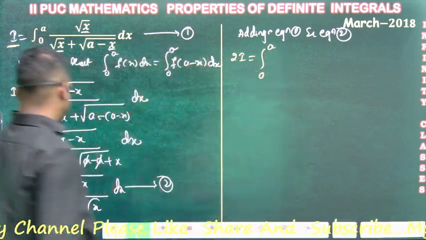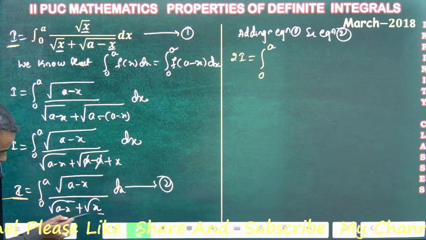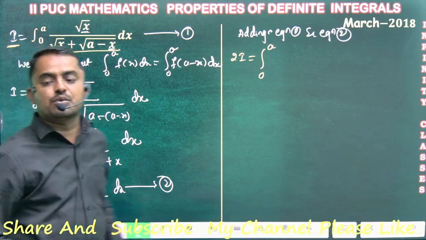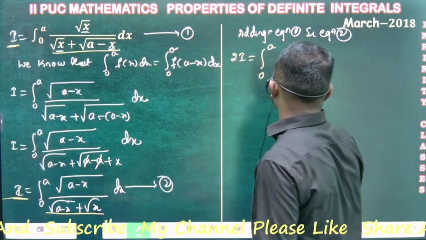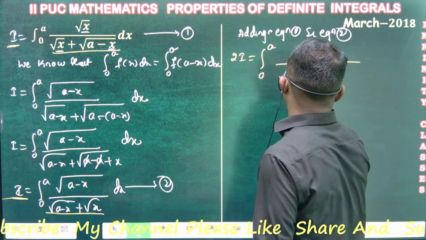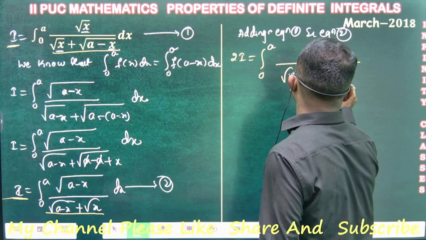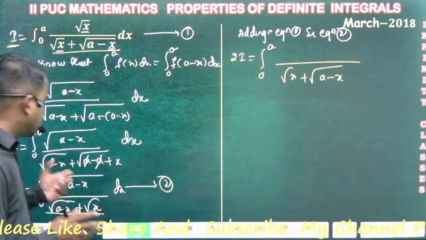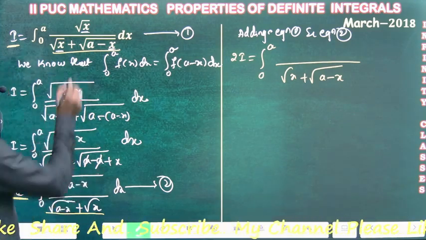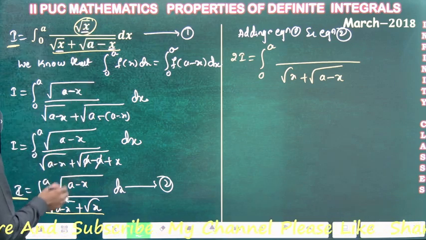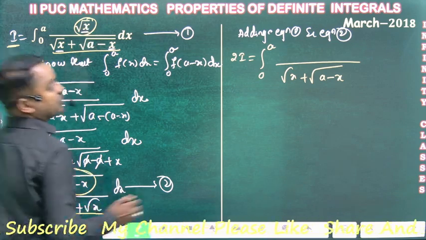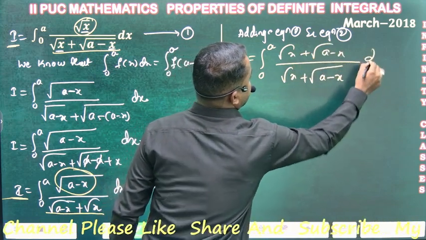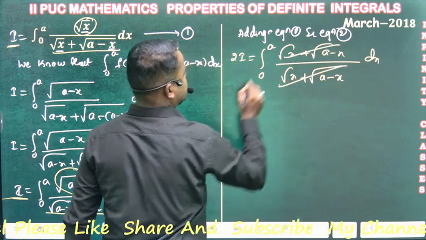The denominator of the equation is root a minus x plus root x, and here also root x plus root a minus x. Both are the same, so write as it is. The denominator is the same, and the rule of fractions says if the denominator is same, add the numerators, that is root x plus root a minus x. Then these two terms cancel.